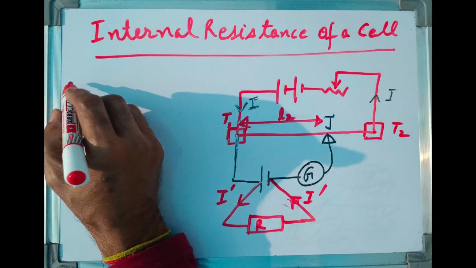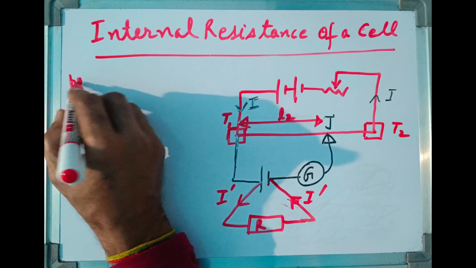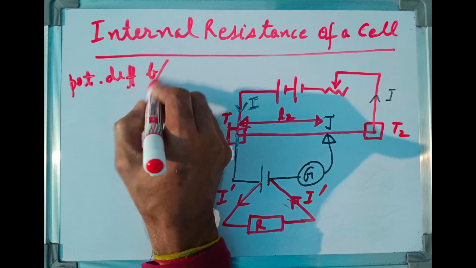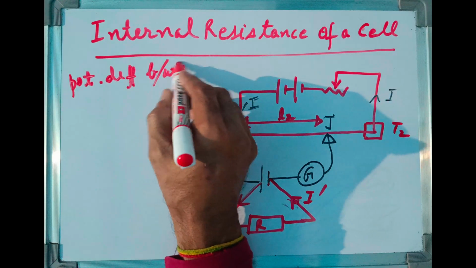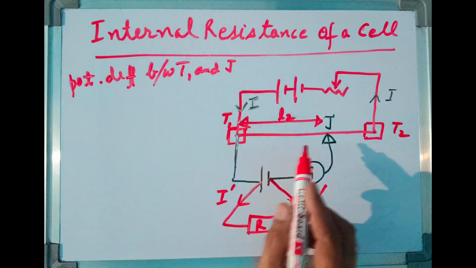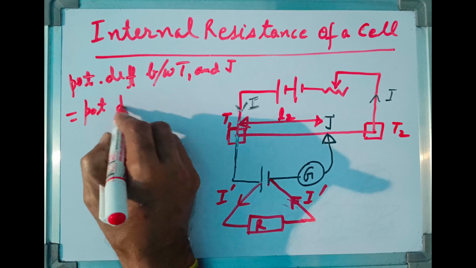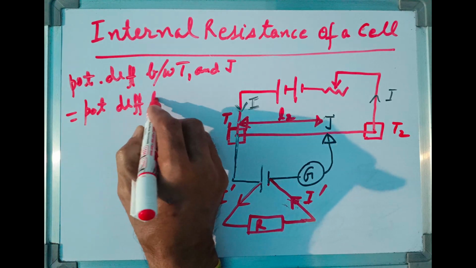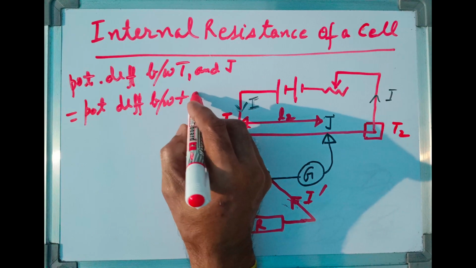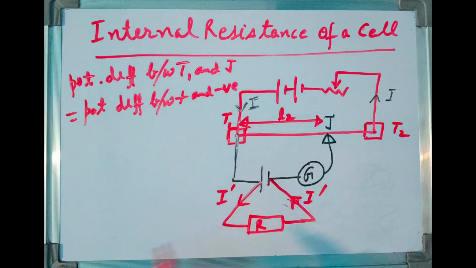So I can write, potential difference between T1 and J in this situation will be equal to potential difference between positive and negative of the cell.